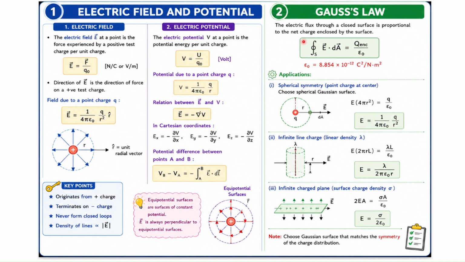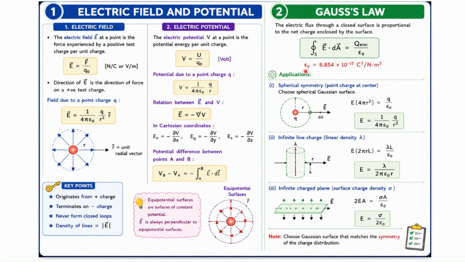Gauss's law gives us a very simple shortcut that we can apply when we have a highly symmetric distribution of charge. Gauss's law states that the total electric flux through any closed surface is directly proportional to the net charge enclosed within that surface.